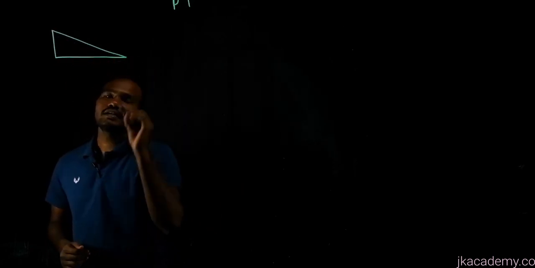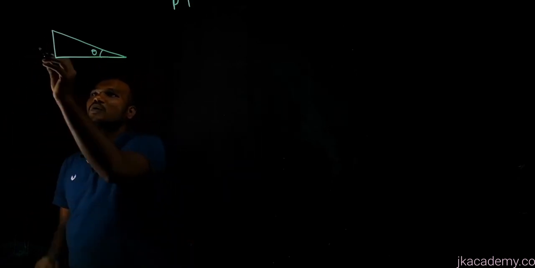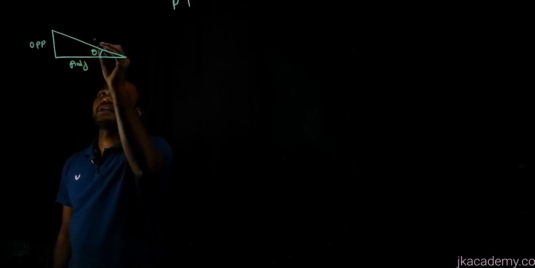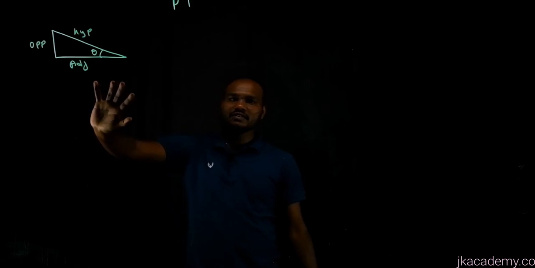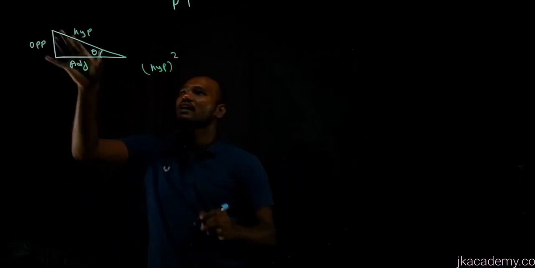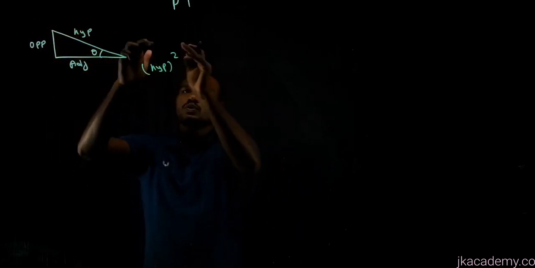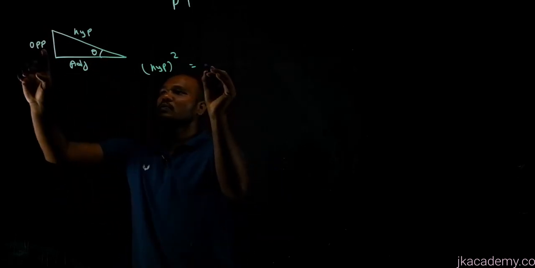See here what we learned. If I take this as theta, this will become opposite. This will become adjacent. The bigger side will be hypotenuse. What this theorem says is the bigger square, hypotenuse square, is equal to smaller square plus smaller square. What is smaller square?